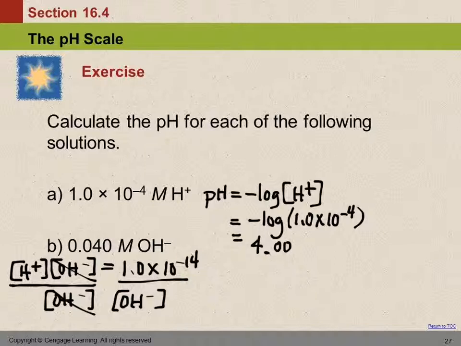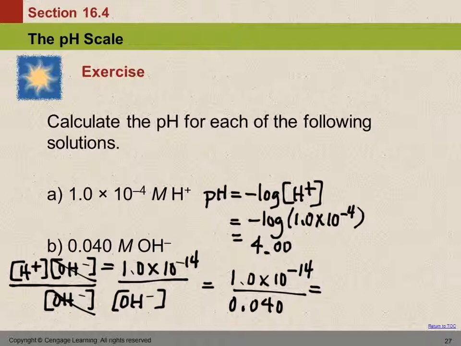And so the hydrogen ion concentration is going to equal 1 times 10 to the minus 14 divided by what they gave us here, 0.040. So 1 EE minus 14 divided by 0.04.